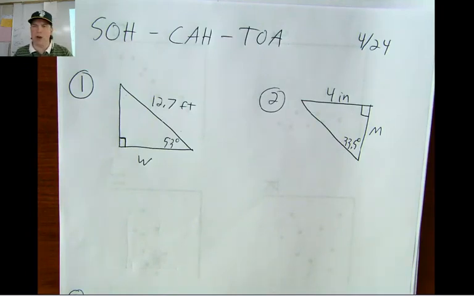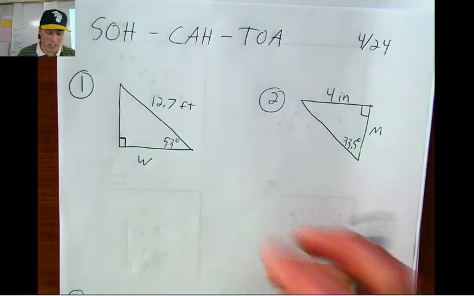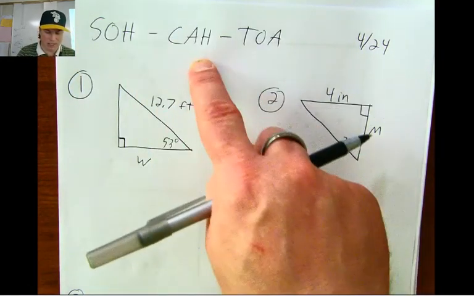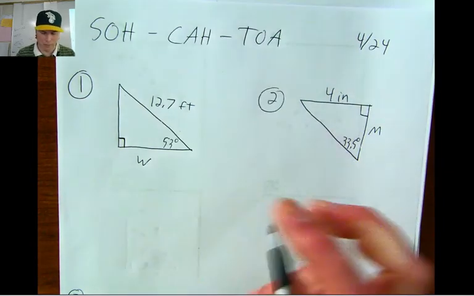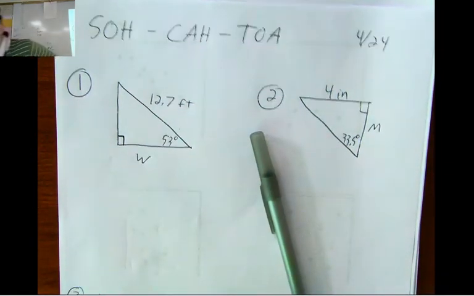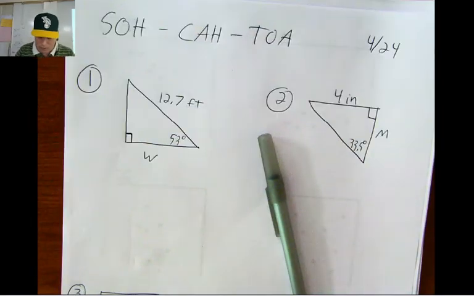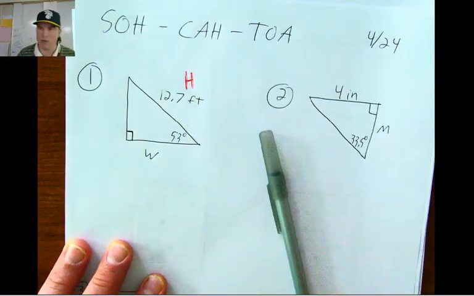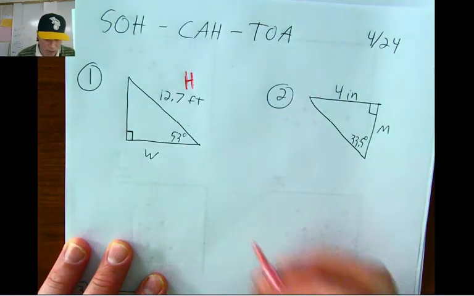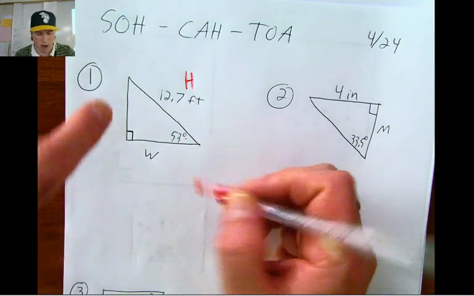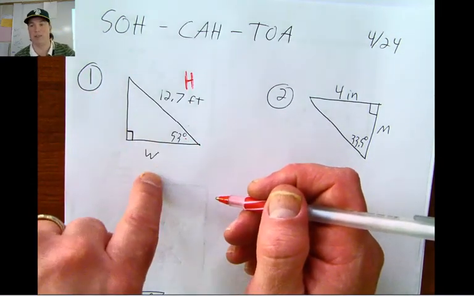When doing these problems, the first thing you need to do is look at the triangle and figure out, do we want sine, cosine, or tangent? In this case, the 12.7 feet is the hypotenuse of the triangle. When I look at this side here, the W, relative to this angle, is it opposite or adjacent? This one's adjacent.